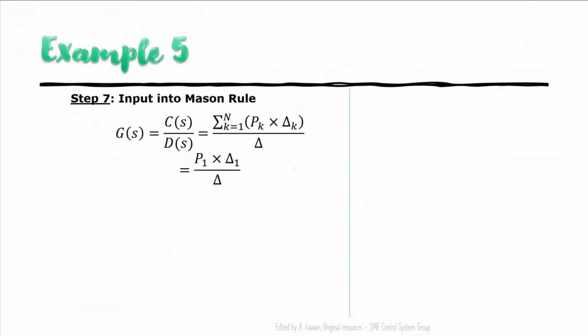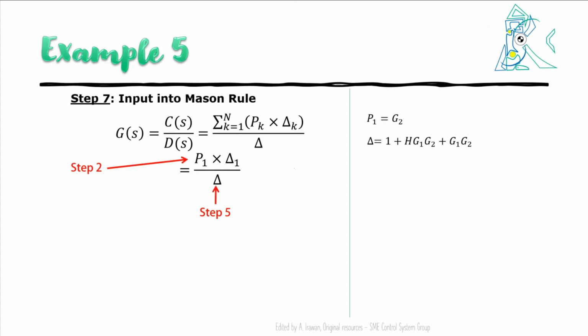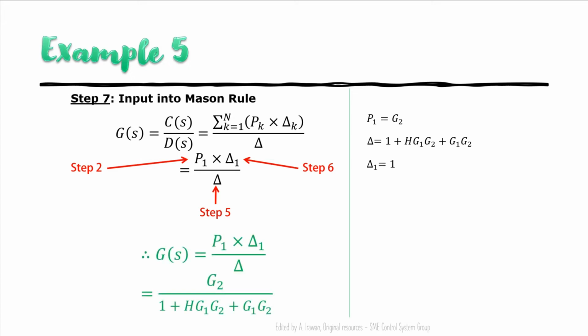Alright, then we put all the components inside the general formula of Mason's rule. P1 we get from step 2, delta from step 5, and delta 1 from step 6. After we put in all the equations, we can get the final equation like this.